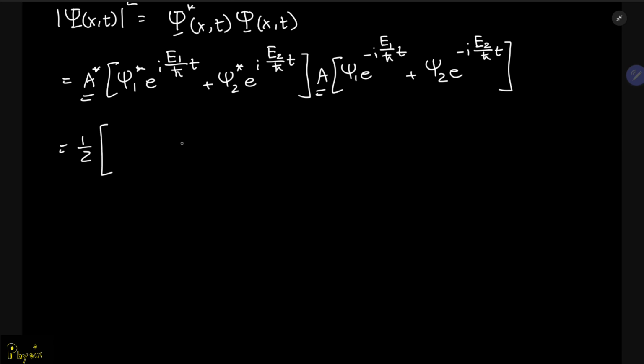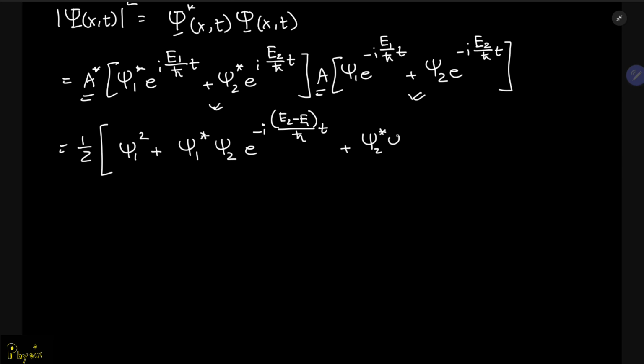All right. And if you multiply this with this, the algebra works out to be psi 1 squared plus psi 1 star psi 2 e^(-i (E2 minus E1) t/ħ) plus psi 2 star psi 1 e^(i (E2 minus E1) t/ħ) plus psi 2 squared.